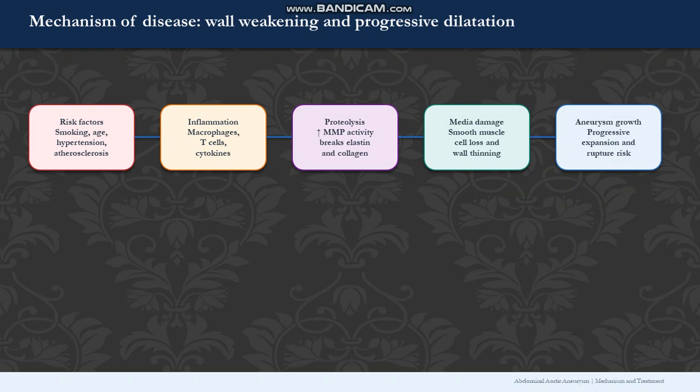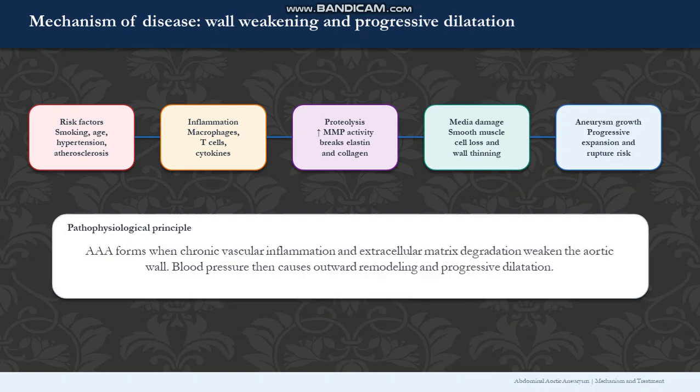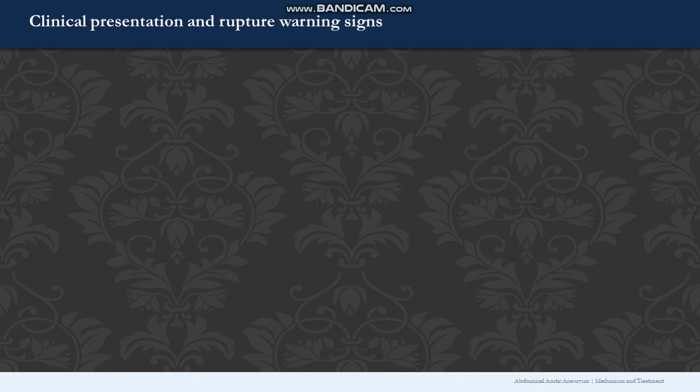Aneurysm growth, progressive expansion, and rupture risk: that is the pathophysiological principle. Remodeling and progressive dilation due to high blood pressure or other risk factors cause rupturing, and surgery or EVAR is required.